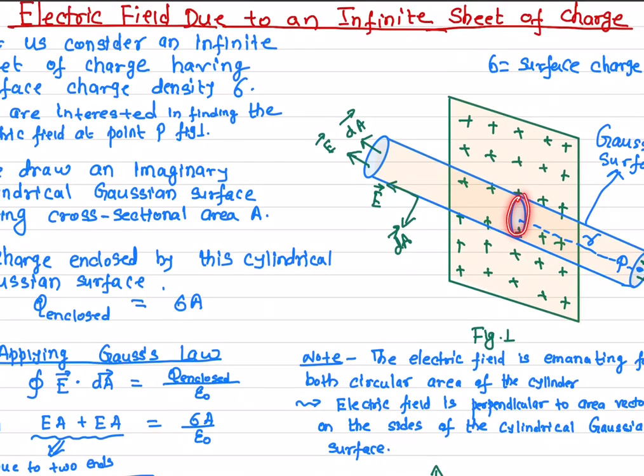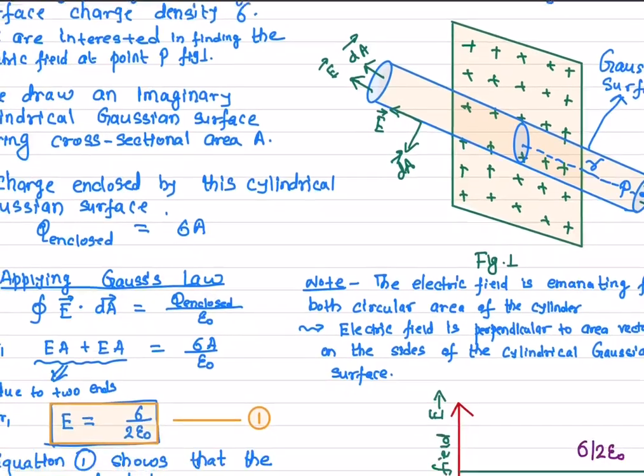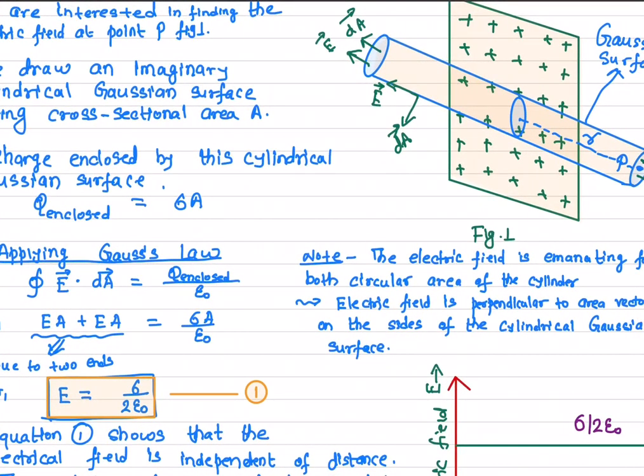Only this portion has charge enclosed, and we have assumed the cross-sectional area of the cylinder is A. So the total charge enclosed is simply sigma times A, because sigma is the surface charge density, that is, the charge per unit area. Multiplying by the area gives the total charge enclosed.